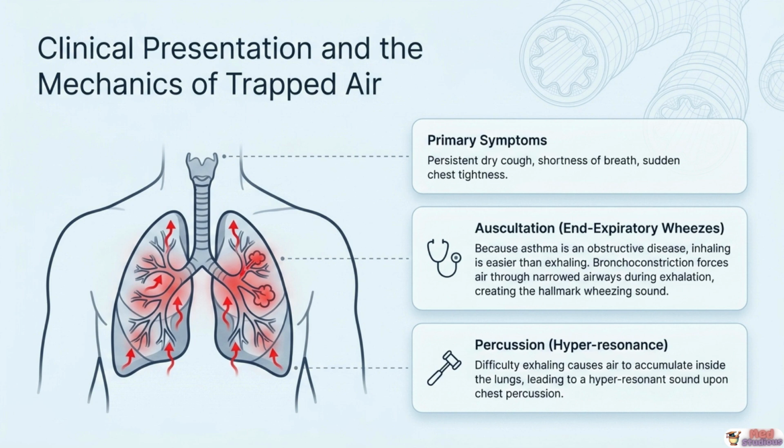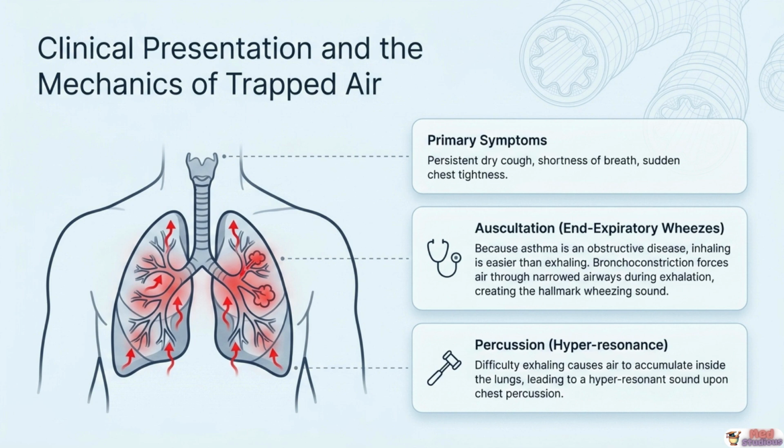On auscultation, you will hear end expiratory wheezes. This makes complete physiological sense. Because asthma is an obstructive disease, inhalation is relatively preserved, but exhalation is difficult. Bronchoconstriction forces air through narrowed passages during the expiratory phase, generating that hallmark high-pitched wheeze.